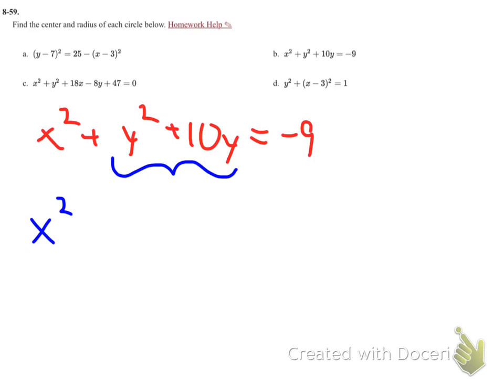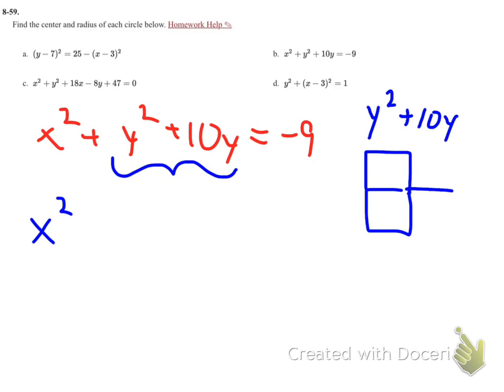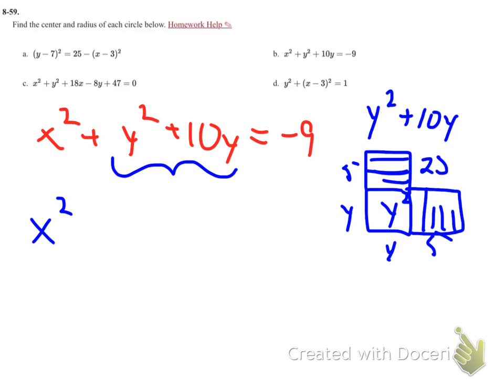For this one, if I have y squared plus 10y, I'm going to be making a square with 5 on each side. There's my y squared, I would have 5 here and 5 here, so it would be a (y plus 5) and a (y plus 5), which means I need to add 25 to complete that square.